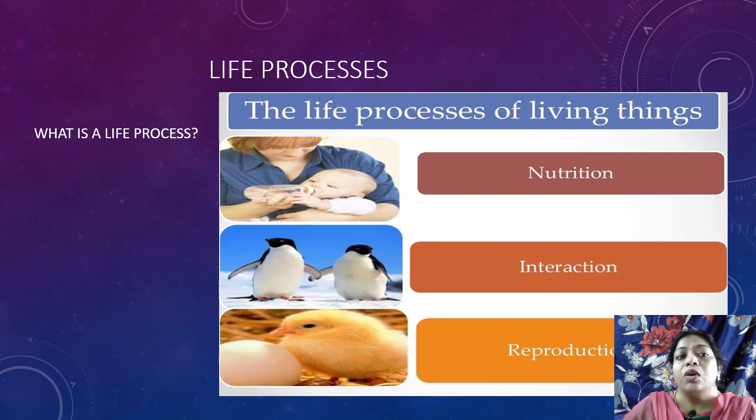Life processes can be divided under three heads. The first one is nutrition, the second one is interaction, and finally reproduction. So what is nutrition? Every one of us needs food to survive.